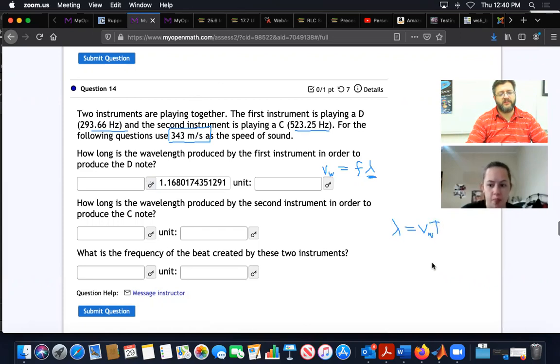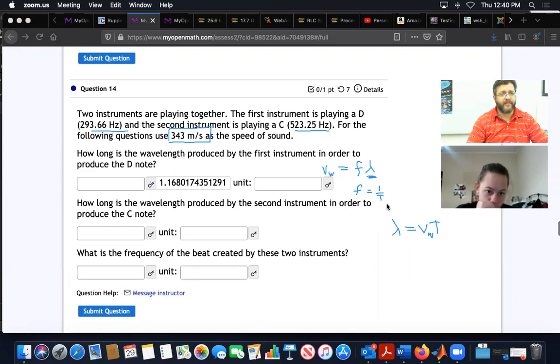That's the same formula because the frequency equals 1 over the period. So that ends up being the same. This formula gives me wavelength equals velocity divided by frequency. This one is also velocity divided by frequency because period is equal to 1 over frequency, or frequency is 1 over period.